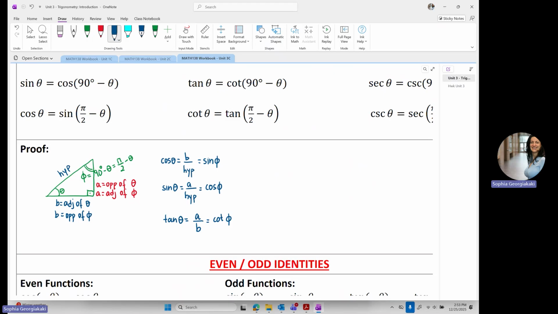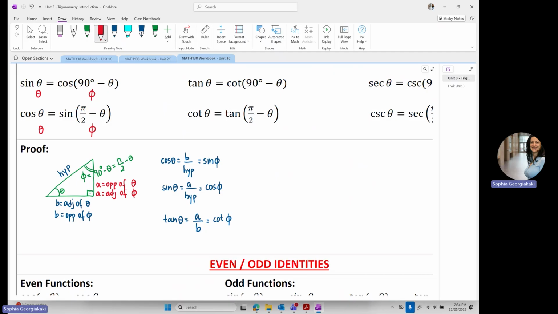So these two complementary angles, theta and phi, have the property that their cofunctions are equal to each other. So the sine of theta is the cosine of the complementary angle. The cosine of theta is the sine of the complementary angle.